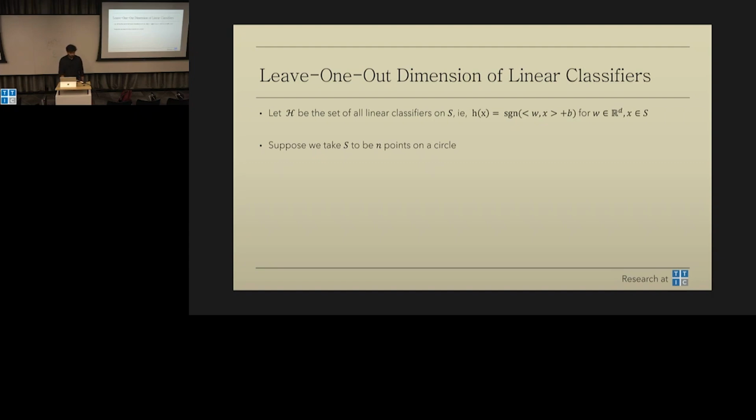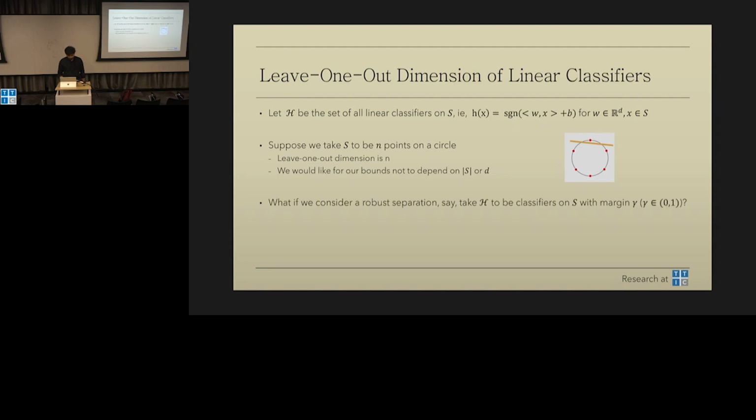Just imagine all the points are in R2 on a circle. You can see that the leave one out dimension is n, because you can isolate every point by choosing a chord close enough to that point. So it's not quite interesting, because we would like bounds which do not depend on mod S at least. It depends on some parameters of the hypothesis class script H. Ideally, we would also not want it to depend on the ambient dimension.